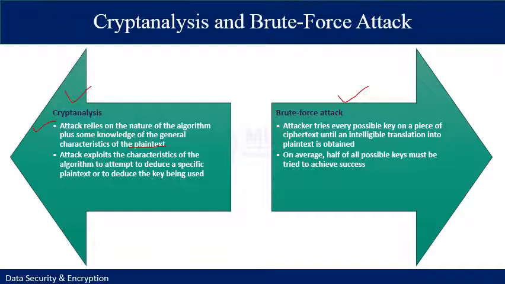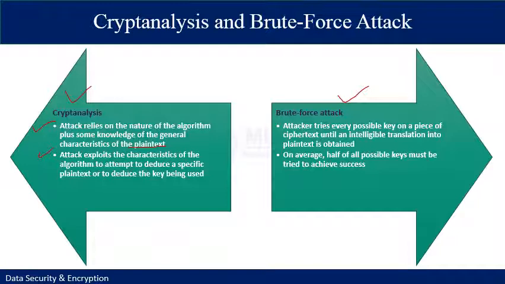Cryptanalysis attacks exploit the characteristics of the algorithm to attempt to deduce a specific plaintext or deduce the key being used. That means it is more about experiment and detection of information from known information.